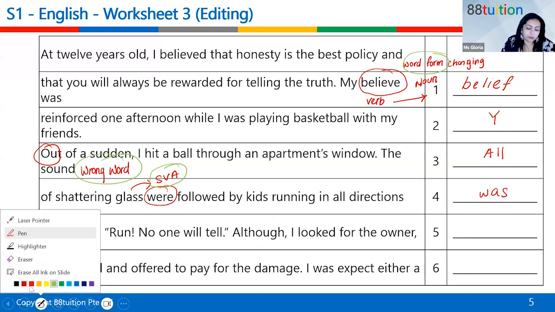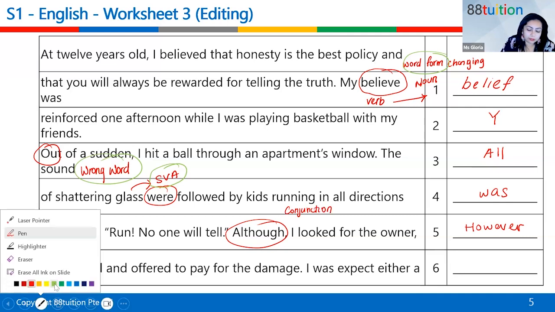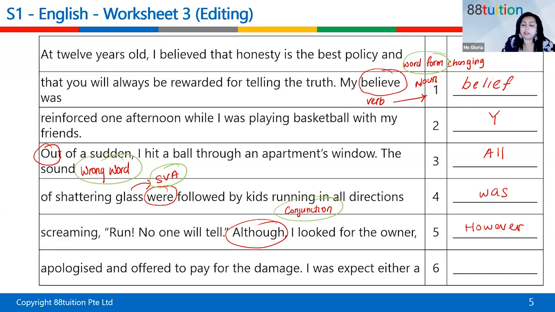Give me a better word than but. Despite? However, another word for but. So this is a conjunction. What is this error type? Conjunction. Are you getting it? I'm trying to teach you the error types, okay?